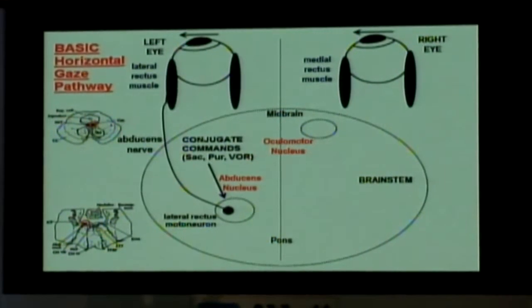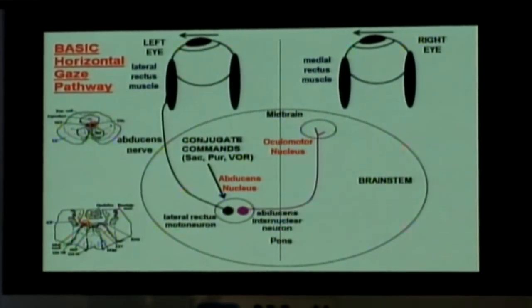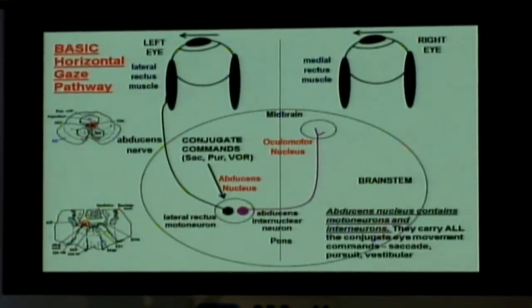And then we have a command which must go up the MLF from the abducens internuclear neuron. Remember, both neurons there carry all the conjugate eye movement commands, comes up through the MLF, and finally synapses in the oculomotor nucleus. This is how we generate a horizontal conjugate eye movement.